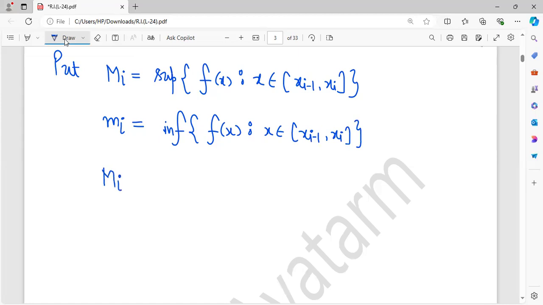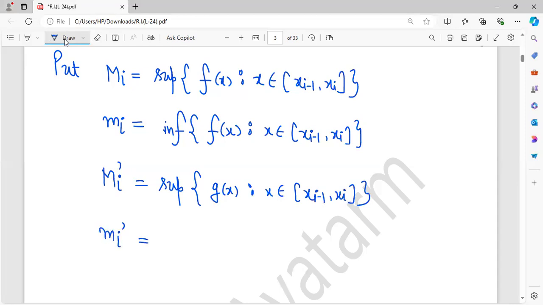Capital Mi dash is the supremum of g(x), x belonging to [xi-1, xi], and small mi dash is the infimum of g(x), x belonging to [xi-1, xi].